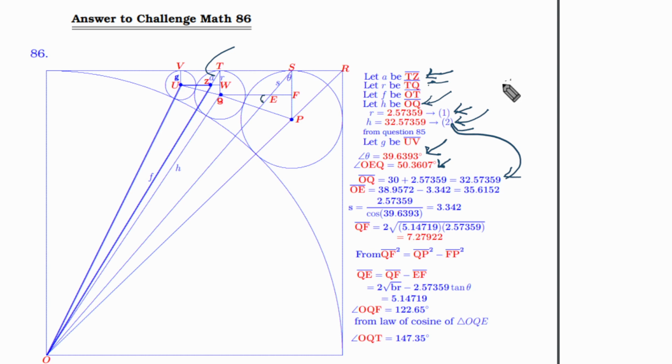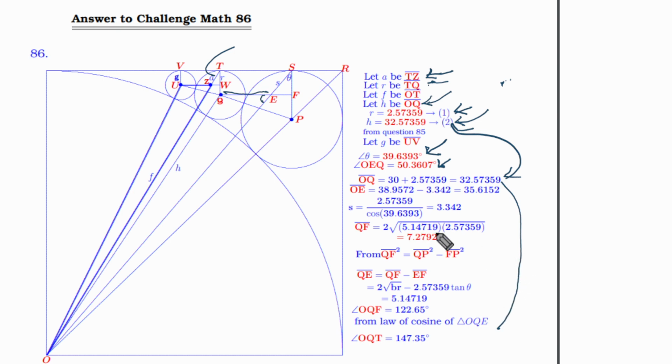And then QE was here, total length 5.14719. We saw this one, we used all the values last time. So this is a review of number 85.